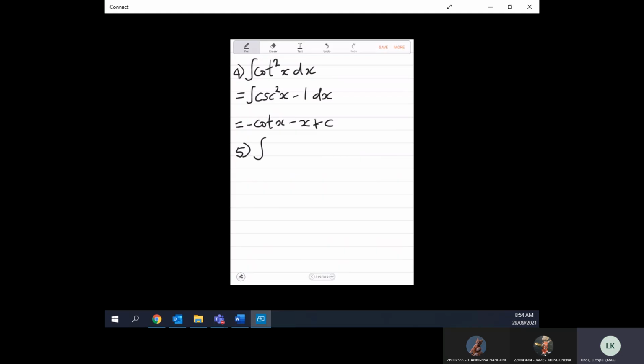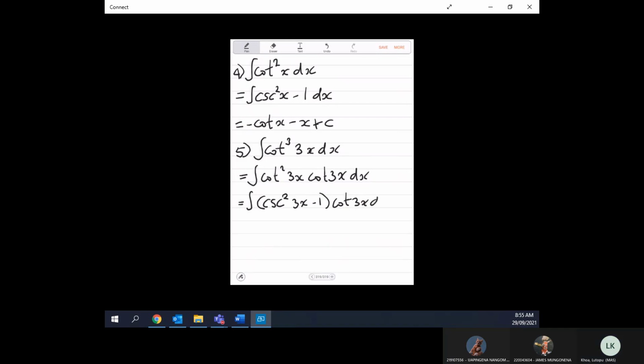And number 5, we have cot to the power of 3 of 3x dx. So here again, you want cot squared times cot, so that the cot squared you can rewrite in terms of cosec squared. So this is cot squared of 3x times cot of 3x dx, and this is cosec squared of 3x minus 1 times cot of 3x dx.